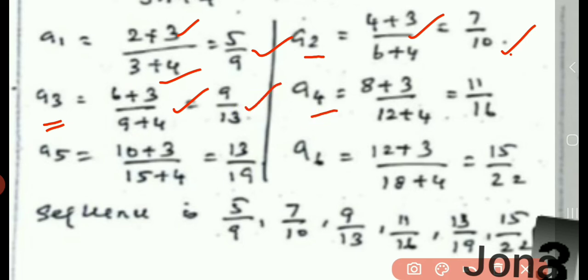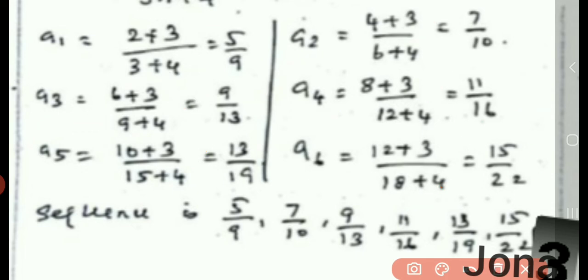And then put n equal to 4, that is (8 plus 3) by (12 plus 4), which is nothing but 11 by 16, and then put n equal to 5, that is (10 plus 3) by (15 plus 4), which is nothing but 13 by 19. If n equal to 6, (12 plus 3) divided by (18 plus 4), that is nothing but 15 by 22.